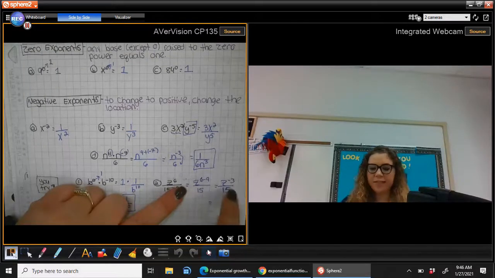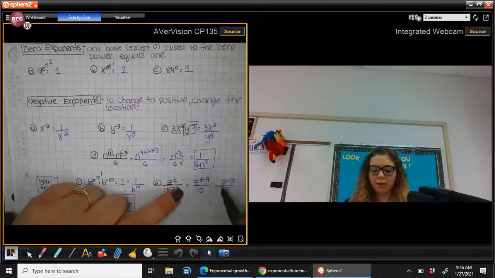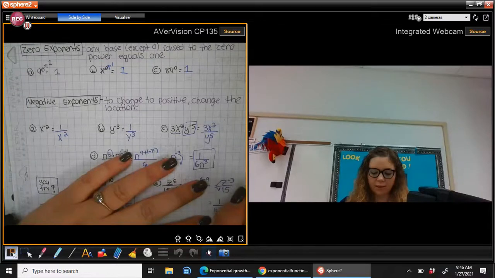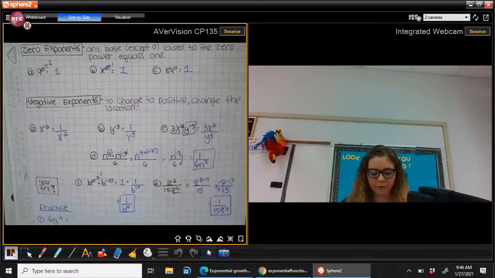We have to take care of that negative by changing the location. So I'm going to have 1 over 15 c to the 3rd, and that is my final answer.